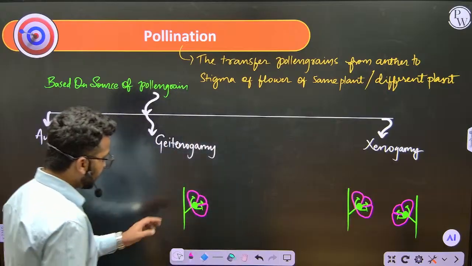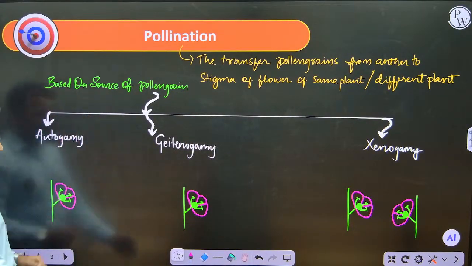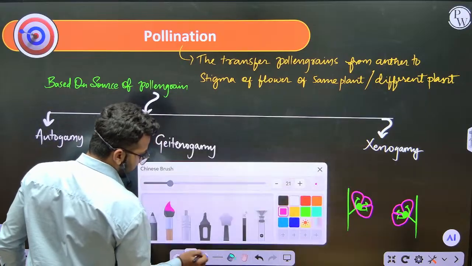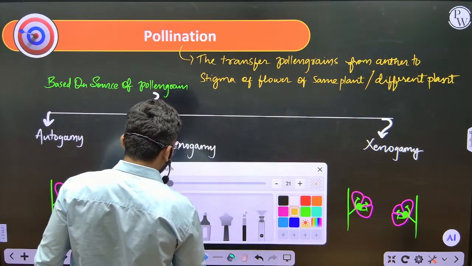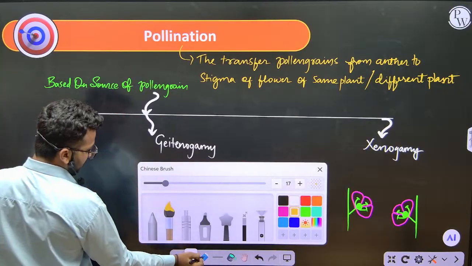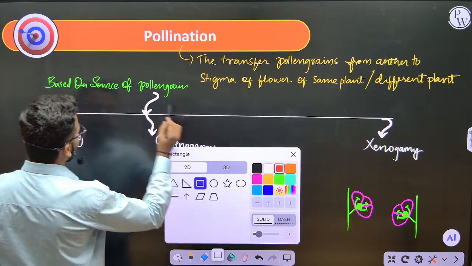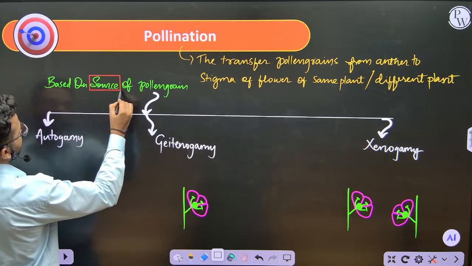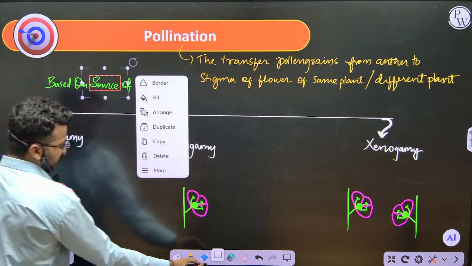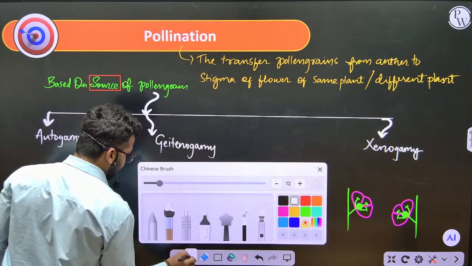So now there are three different types based on the source of pollen grain. You need to remember here it is based on the source of pollen grain. Now I will explain. You just listen, you will understand easily.